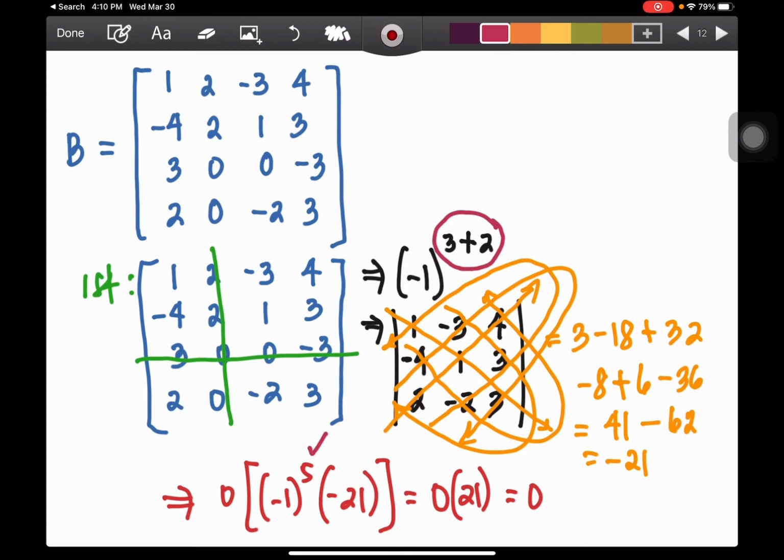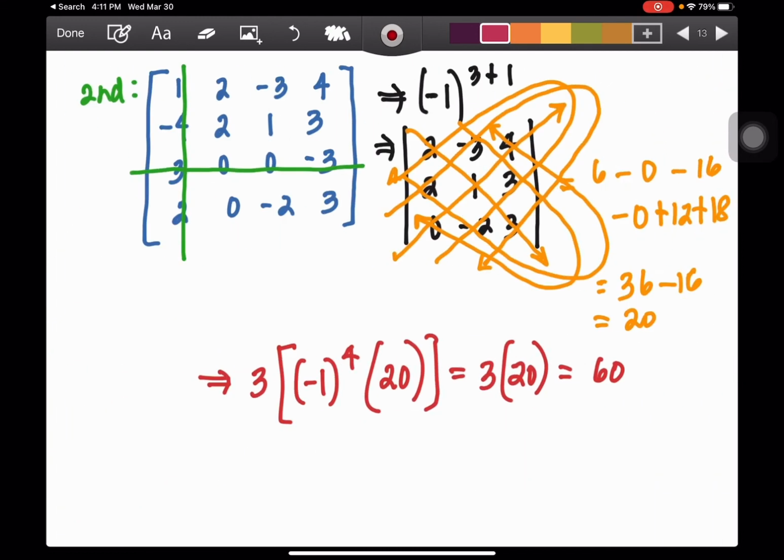And then the determinant of the matrix 1, negative 3, 4, 4, negative 1, 3, then 2, negative 2, and 3 is equal to negative 21, using this procedure. So, negative 1 raised to an odd number is negative 1 times negative 21 is positive 21, but multiplied by the intersection, which happens to be 0, is equal to 0.